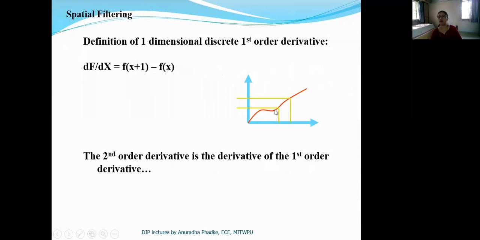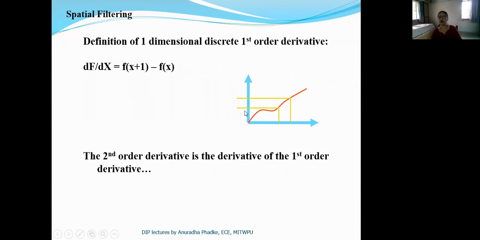And we can determine the derivative or differentiation of f(x) with respect to x in discrete format as shown here. It is simply a difference operation. If we consider this instance as x, and this instance as x plus 1, we can get the derivative of f with respect to x, which is simply the difference f(x+1) minus f(x).